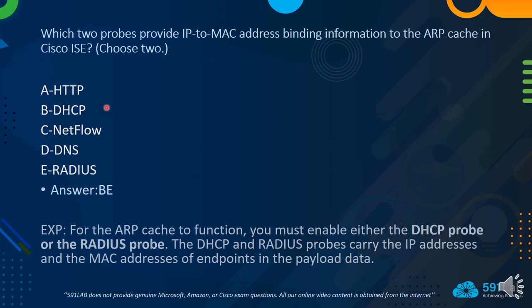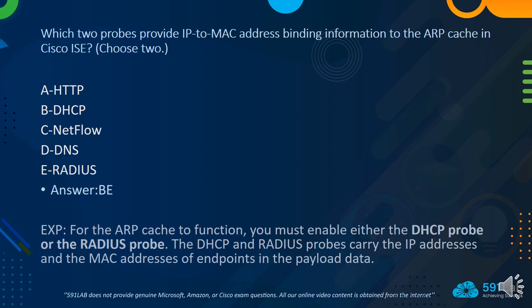We can extract the IP and MAC address probe from the DHCP and RADIUS attributes. So the correct answers are B and E. For the RB cache function, you must enable the DHCP probe and the RADIUS probe. DHCP and RADIUS carry the IP address and the MAC address of the endpoint in the payload of the data. That's simple.